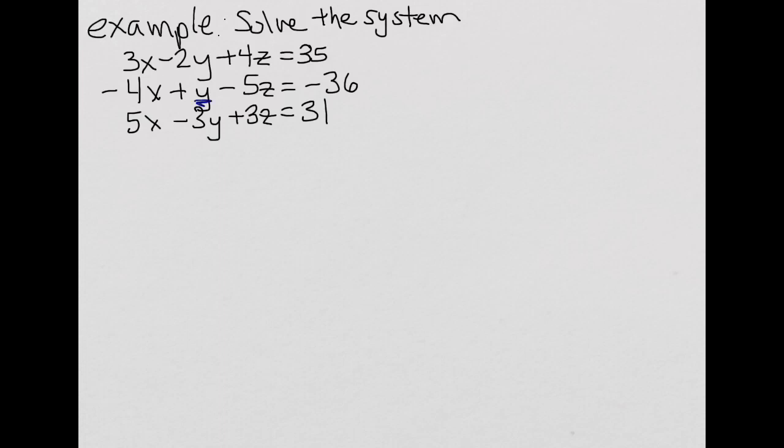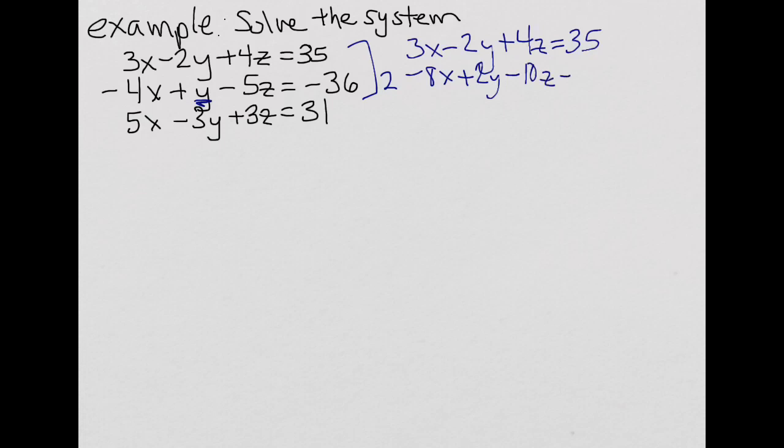So let's use the first two equations, and I'm going to multiply the bottom one by 2. So the first equation will stay the same, and the second equation will become negative 8x plus 2y minus 10z is equal to negative 72.